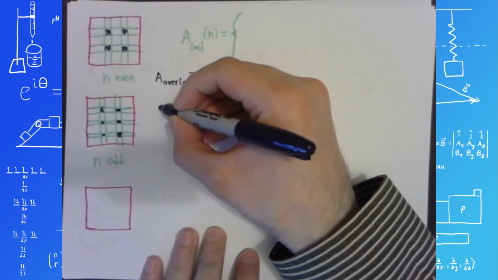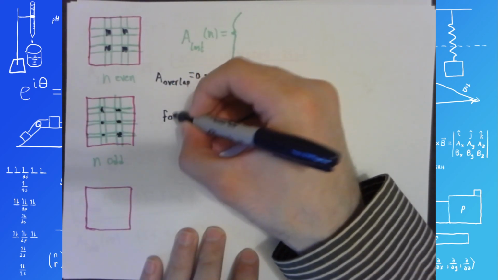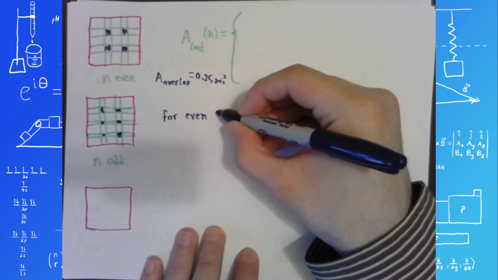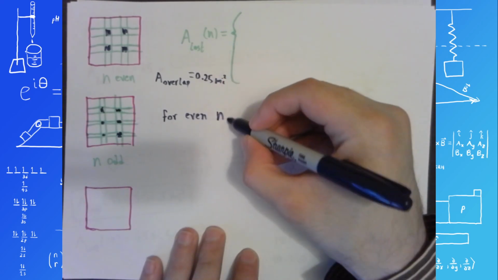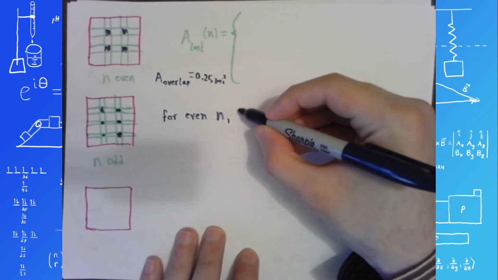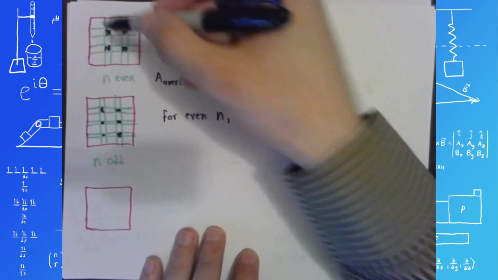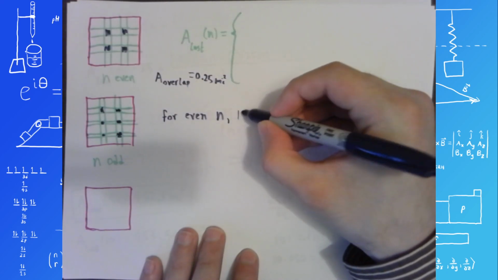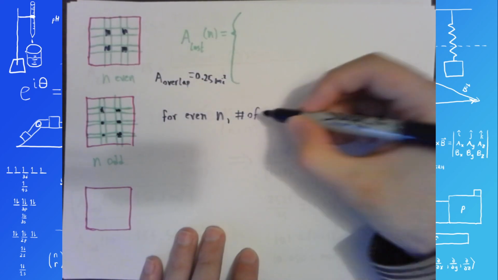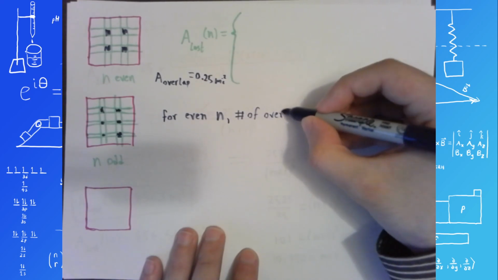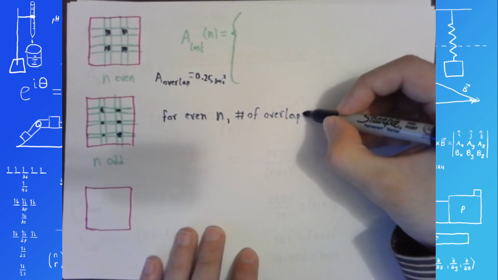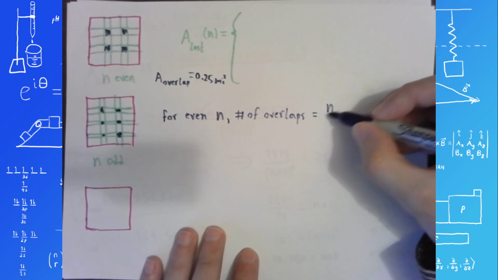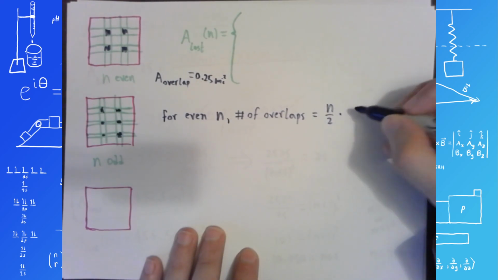So if n is even, we have 1/2 n times 1/2 n. Number of overlaps equals n over 2 times n over 2.